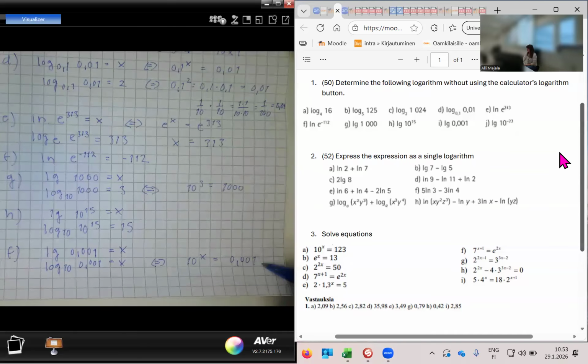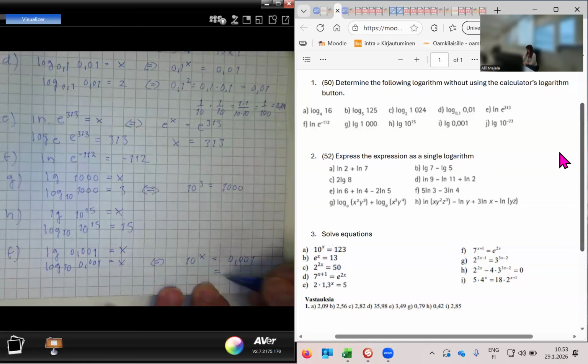And this 0.001 seems to be like 1 divided by 1,000.